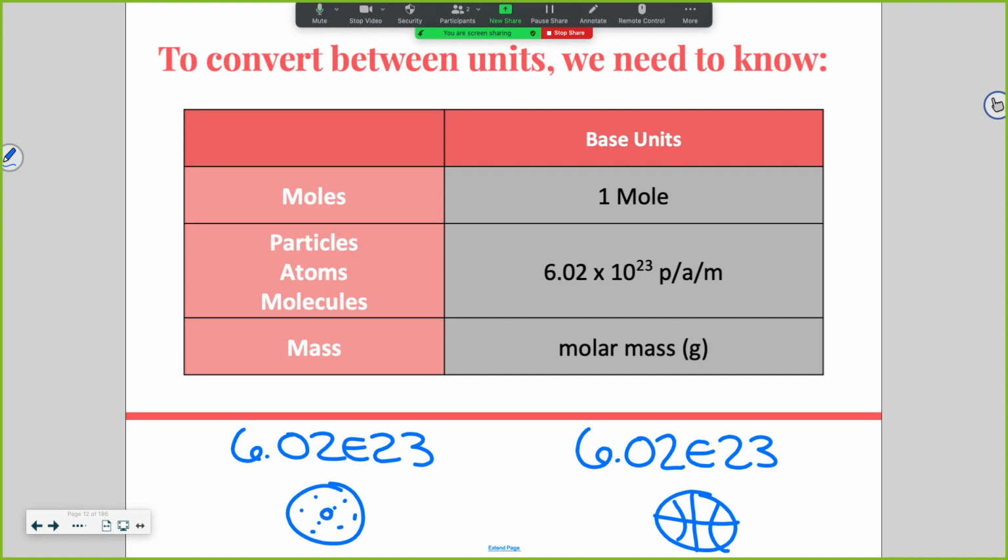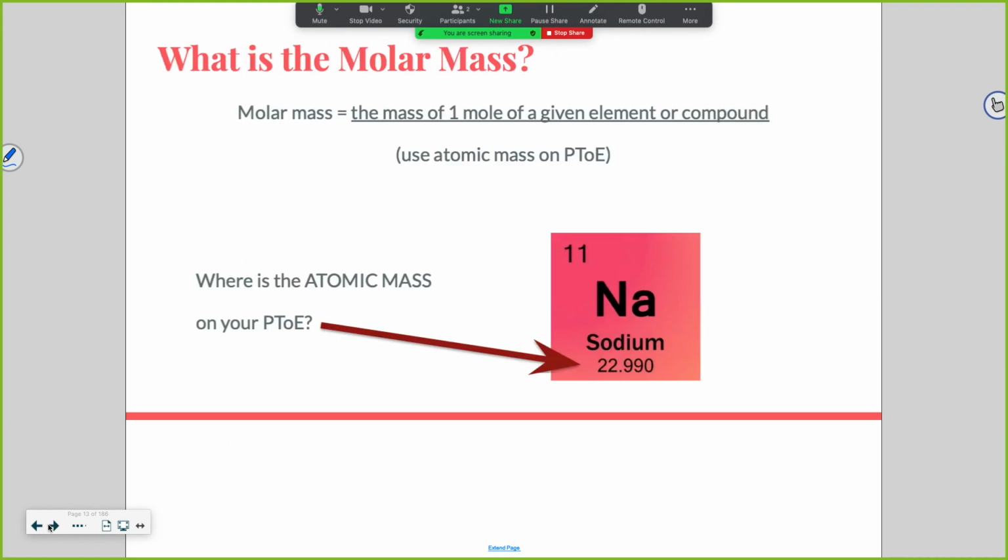No. Just like does a dozen pieces of bread weigh the same as a dozen eggs? No. So that's why you don't have a number here for molar mass, because it's dependent on what molecule you're talking about. So molar mass is the mass of that given element or compound.